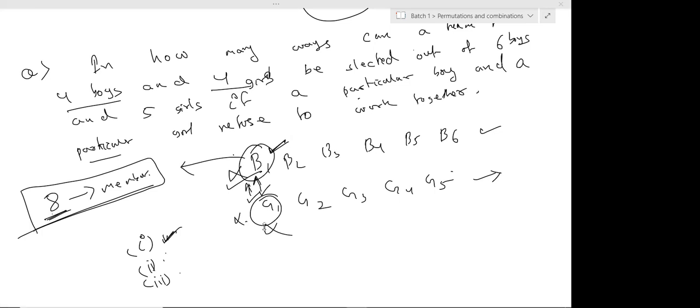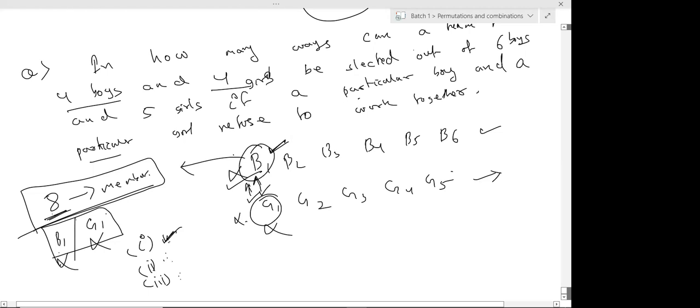Yes, sir. So either B1 is there or G1 is there in the 8-member team. If B1 is there, then G1 is not there. If G1 is there, then B1 is not there. Or there is a third scenario where they both are not present. Yes, sir. So these are the 3 cases that we need to make.